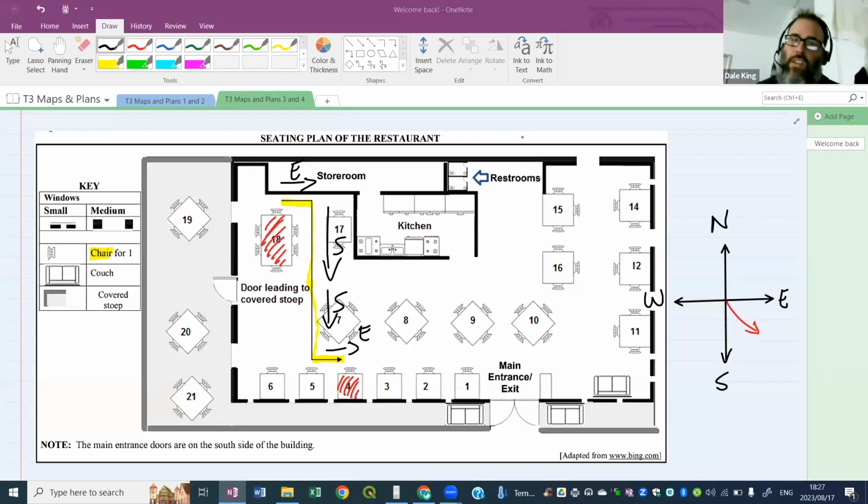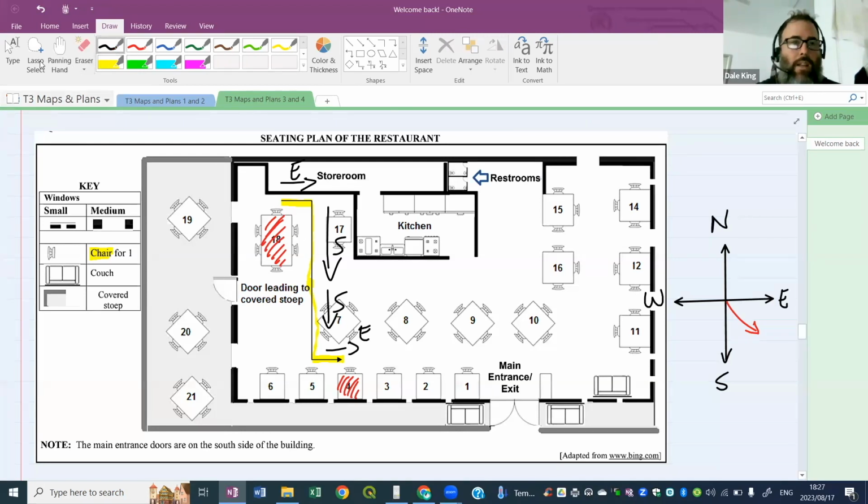Don't say southeast, especially if you write southeast as one word, which you shouldn't do. If you write it hyphenated like this, south-east, that's different. So don't put the two words together, otherwise they might think it's something else and you might not get marks for that.